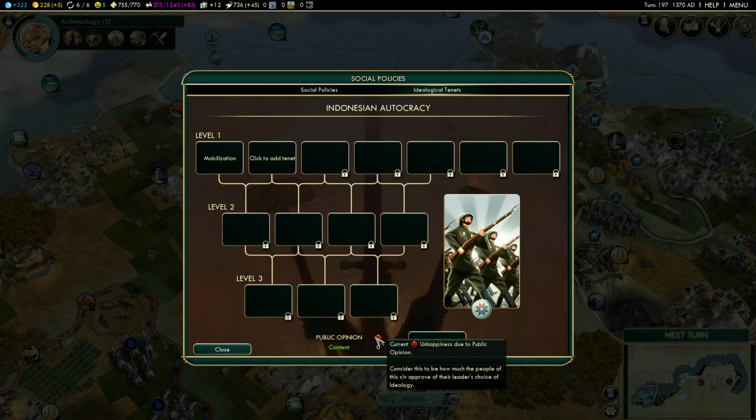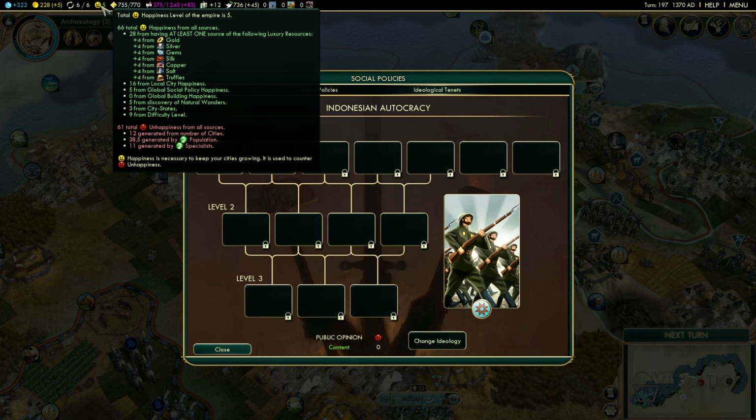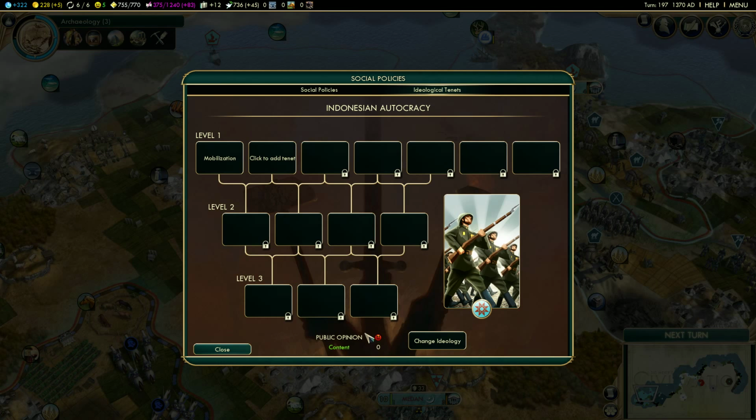You can easily have -100 public opinion as long as your total happiness stays high. That's not really an issue. So you can safely ignore this. This is only an indication of where the problem lies.